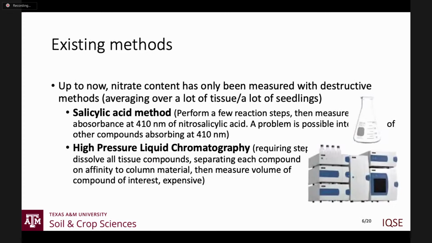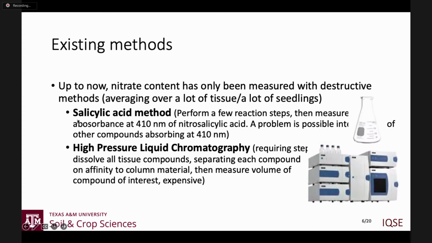time at the end. So some of the existing methods, it is not my area of expertise, but this is what typically is done for detecting or measuring nitrate concentrations in these roots.